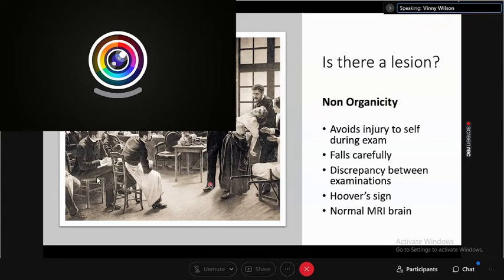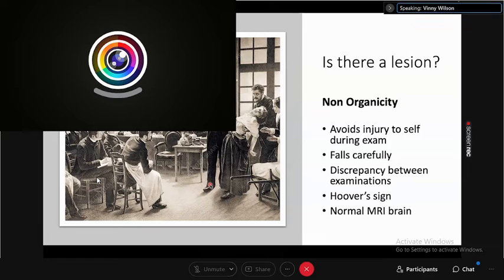So typically when I suspect non-organicity, I would raise the arm and take it over her face or over his face and then just drop it. And I'll guard her eyes maybe with the other hand, but I'll be careful not to injure the patient.